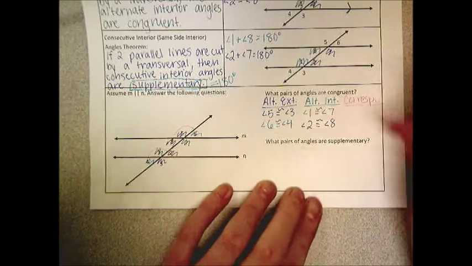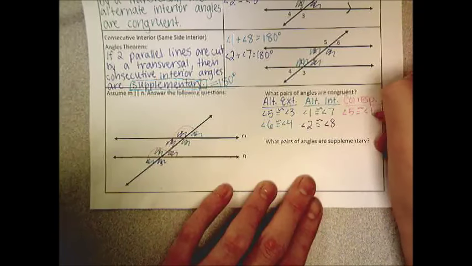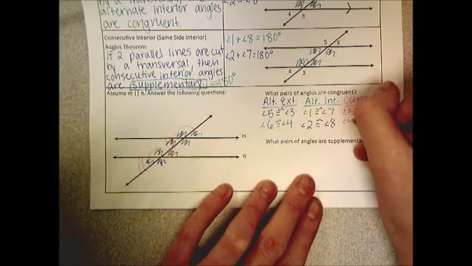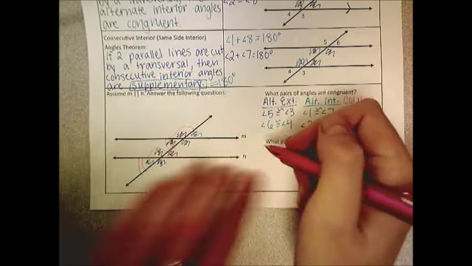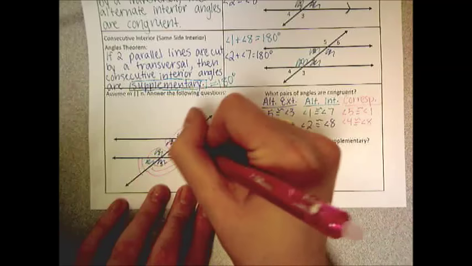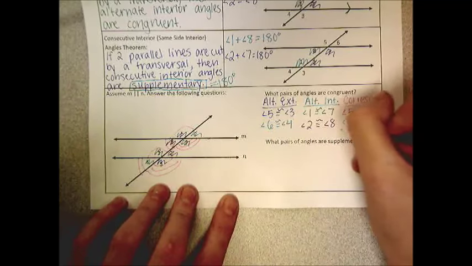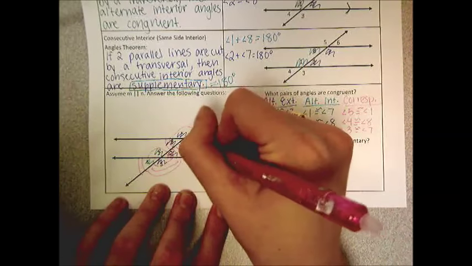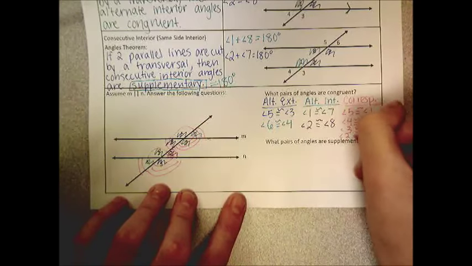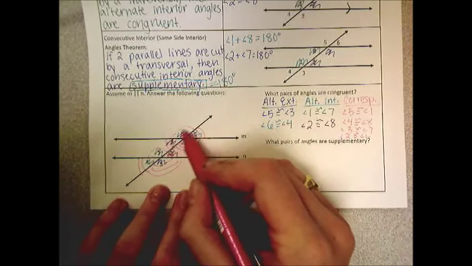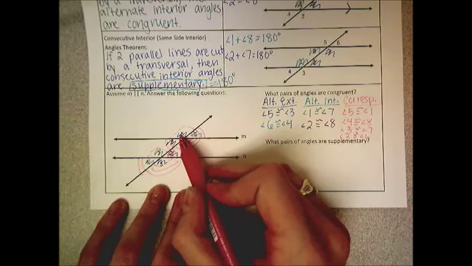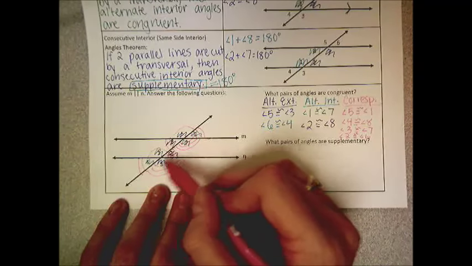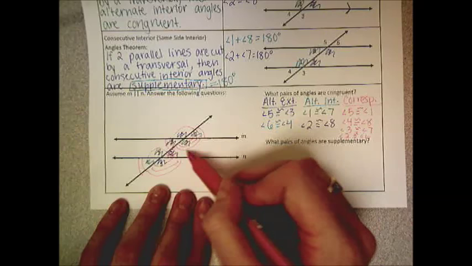So 5 and 1, 4 and 8, 3 and 7, and 2 and 6. So those symbols I just drew, these arc lines, if this angle has one arc line and so does this one, that tells us they're congruent. So the number of these arc lines is one way to denote which angles are congruent to each other.